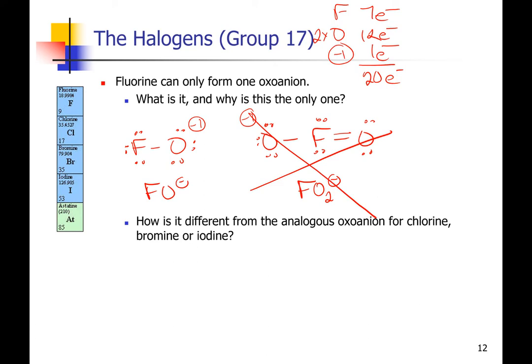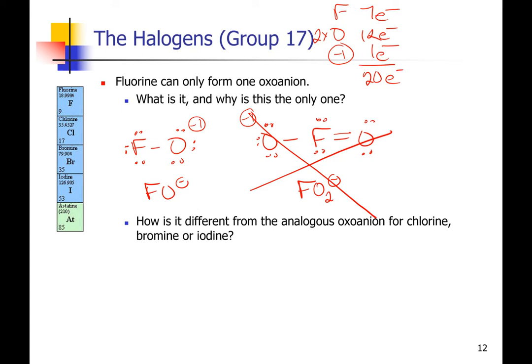So I simply cannot make a decent Lewis diagram for FO2-, and it gets worse as you add more oxygen atoms. Fluorine is not a good enough electron donor to react with enough oxygen atoms to make any oxoanion with more than one oxygen atom. It is not okay with having a positive formal charge, and it is not okay with going over a complete octet.